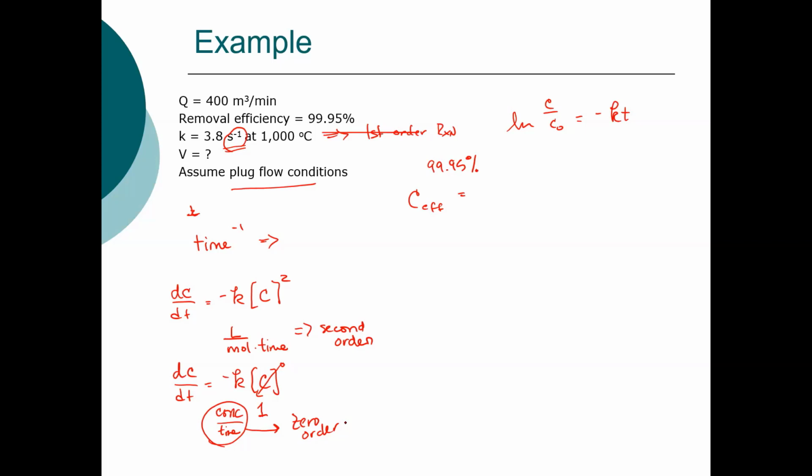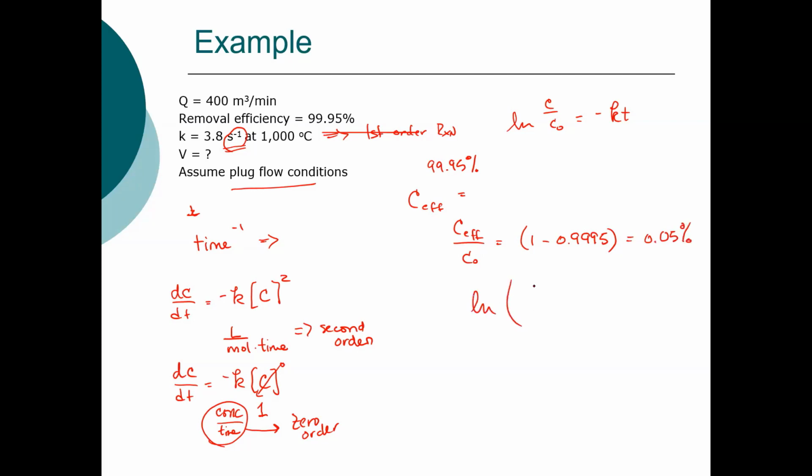Okay, so C effluent. If we have 99.95% removal, then my C effluent can be determined from that. So C effluent over C naught is equal to 1 minus 0.9995, or 0.05%. So that's what's leaving.